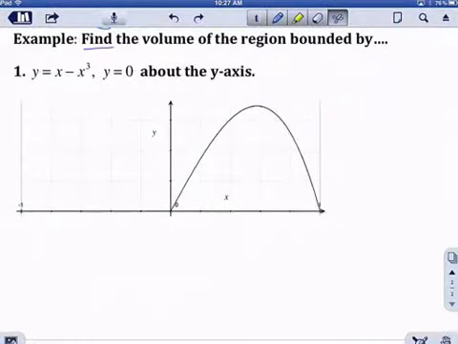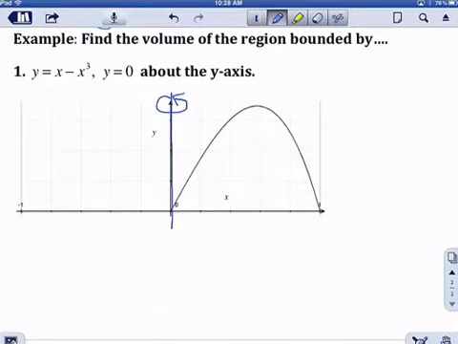Okay, so it says find the volume of the region bounded by y equals x minus x cubed, which is right here, y equals 0, which is right here, and we're going to revolve this about the y-axis, which is right here.